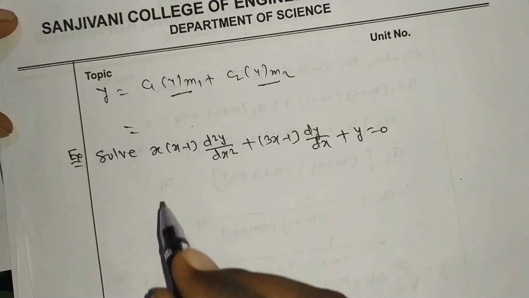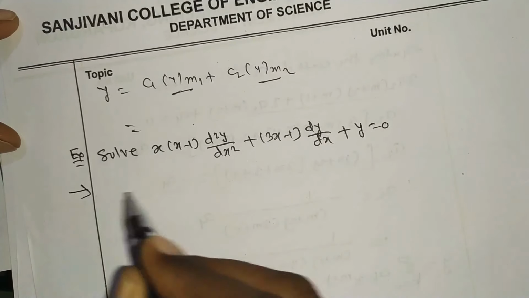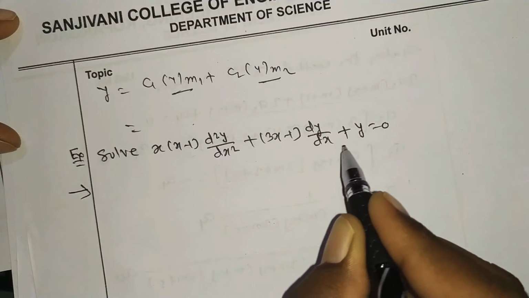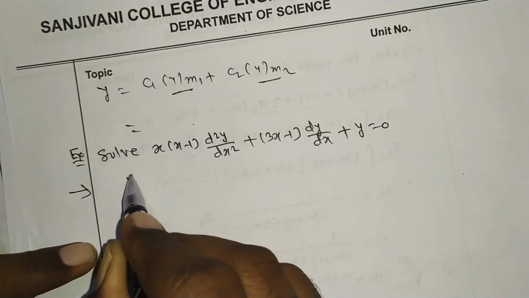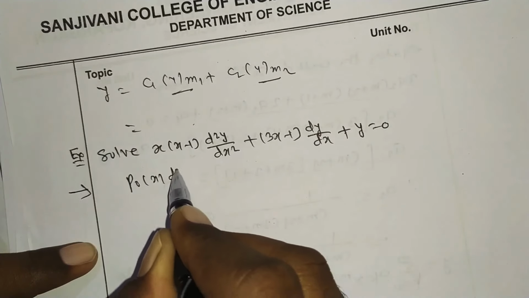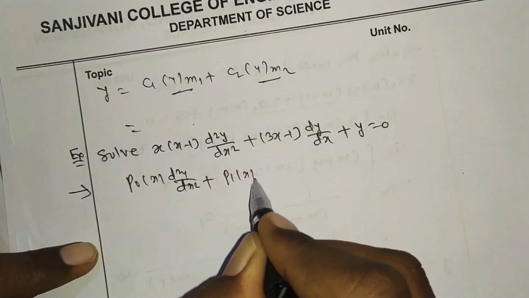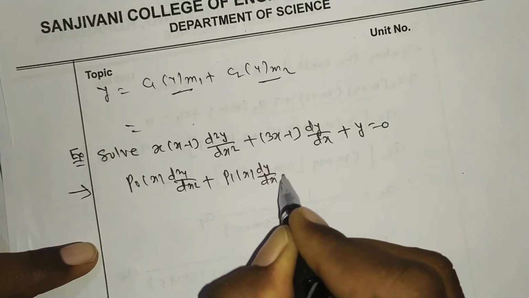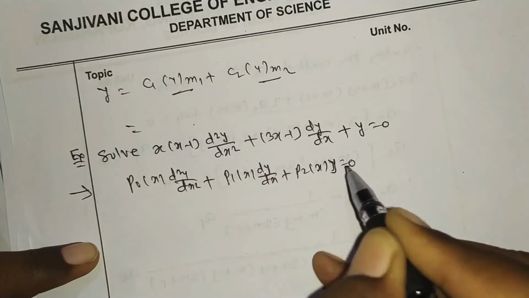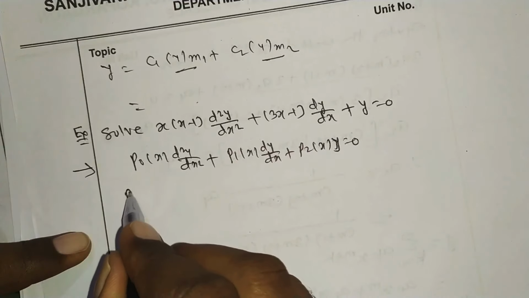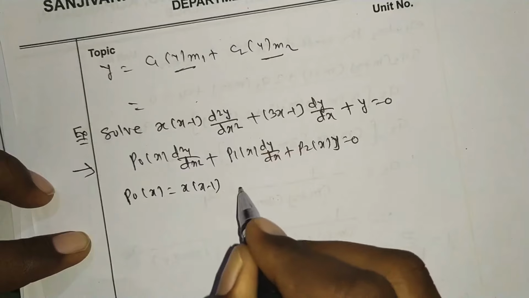Next problem of series solution: solve x(x minus 1) d2y/dx² plus (3x minus 1) dy/dx plus y equal to 0. If we compare this with p0(x) d2y/dx² plus p1(x) dy/dx plus p2(x) y equal to 0, then here p0(x) is equal to x(x minus 1).